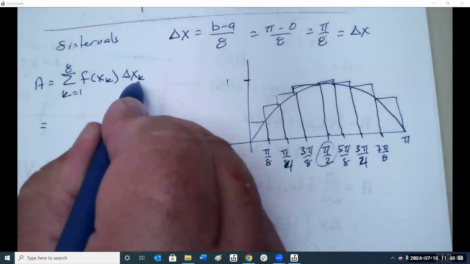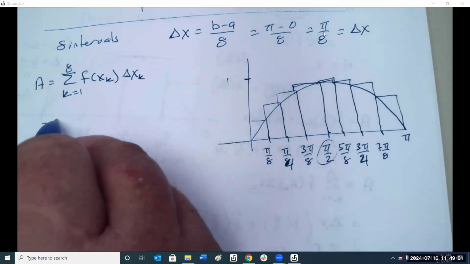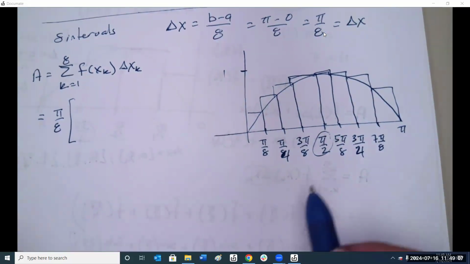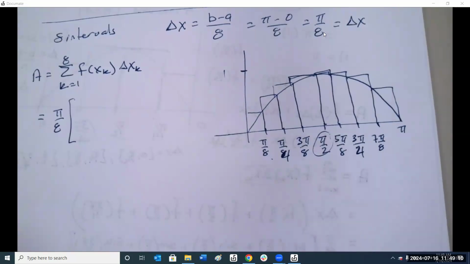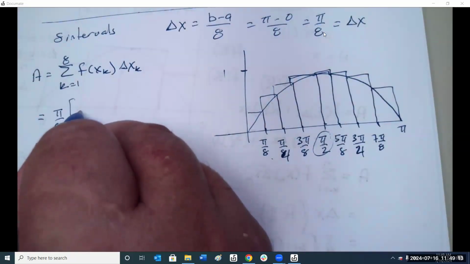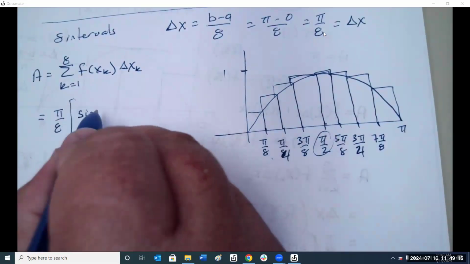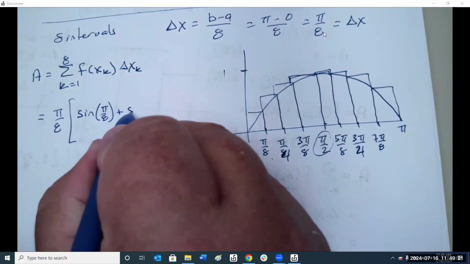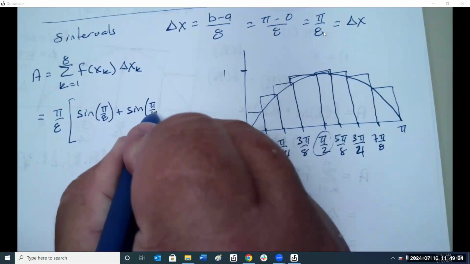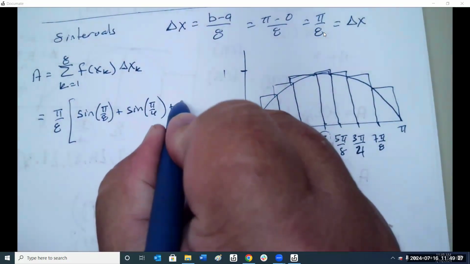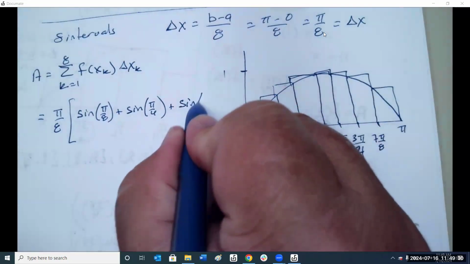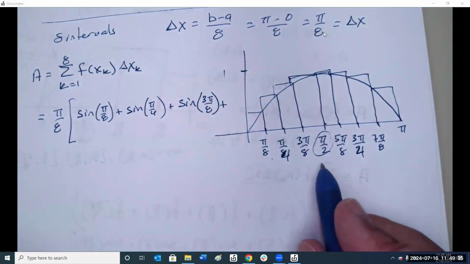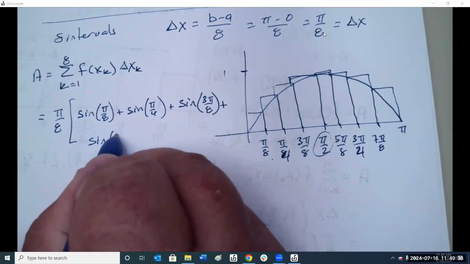Since our delta x is always going to be pi over 8, we can put that out in front. It's never going to change. Now, these are our inputs for the function. So we have sine of pi over 8 plus sine of pi over 4 plus sine of 3 pi over 8 plus sine of pi over 2.